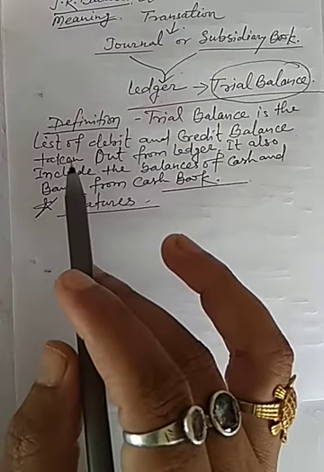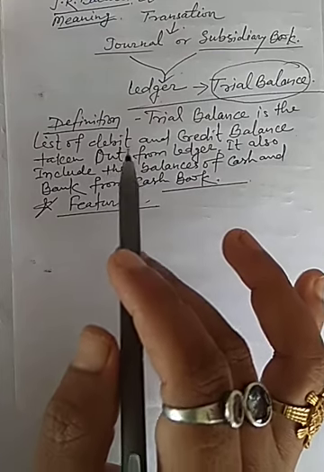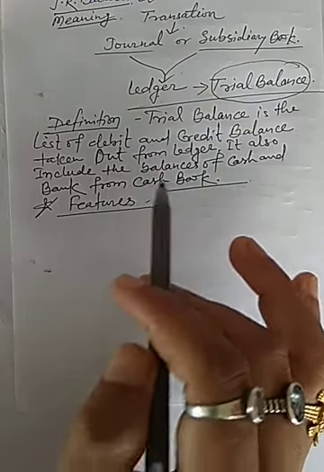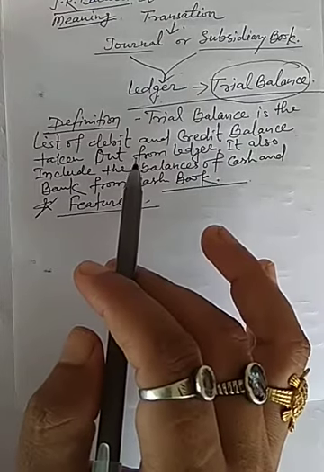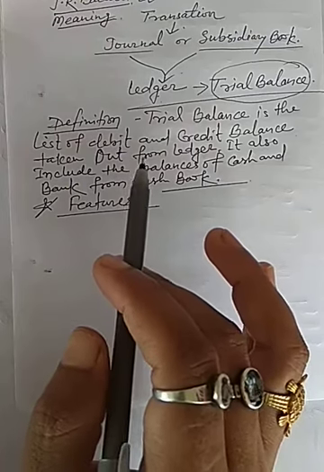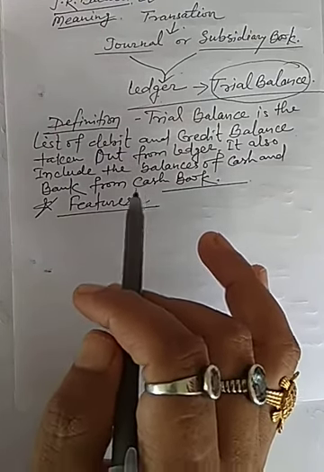A trial balance is not a conclusive proof of the accuracy of the books of accounts, since certain types of errors remain even when the trial balance tallies.